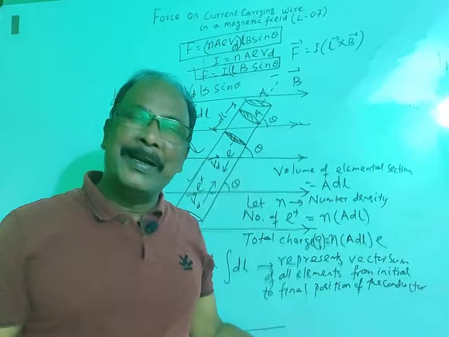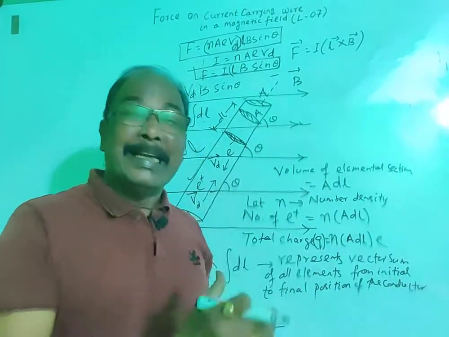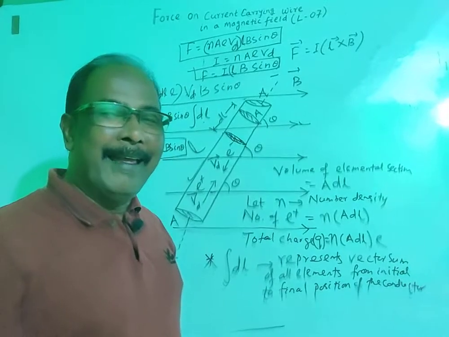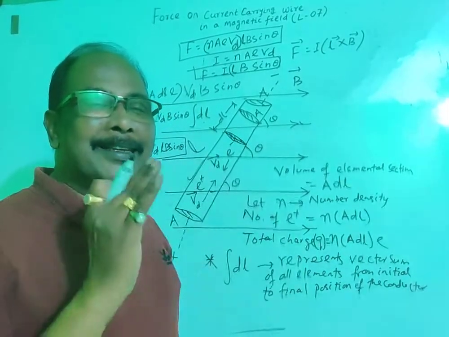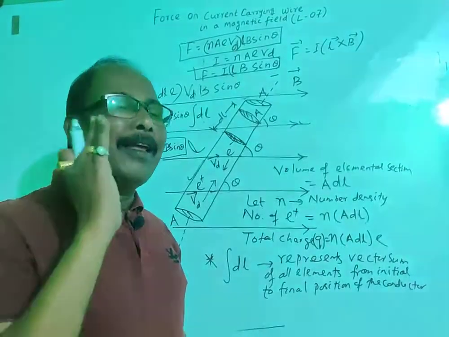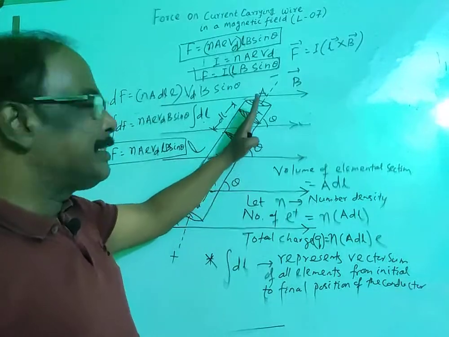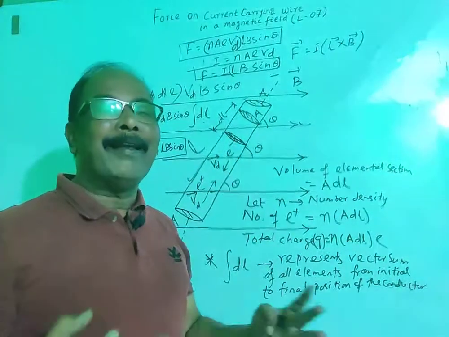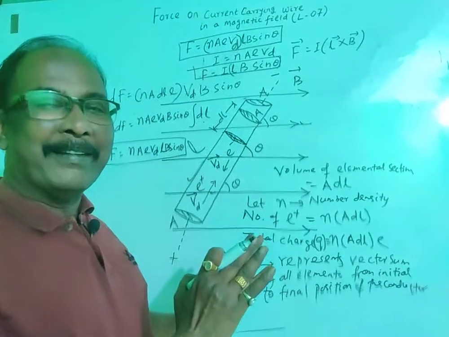Then what is the direction of length? The direction of length is taken along the direction of conventional current, along the direction of flow of current. Current flows from high potential to low potential, and the direction of length is taken along the direction of flow of current.